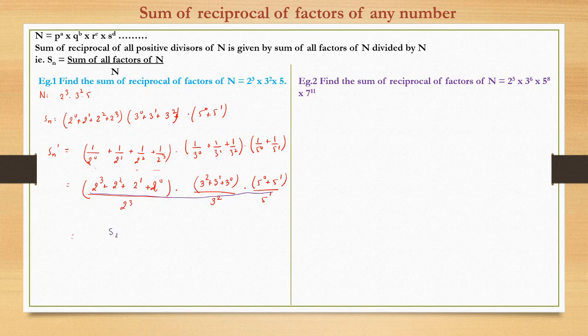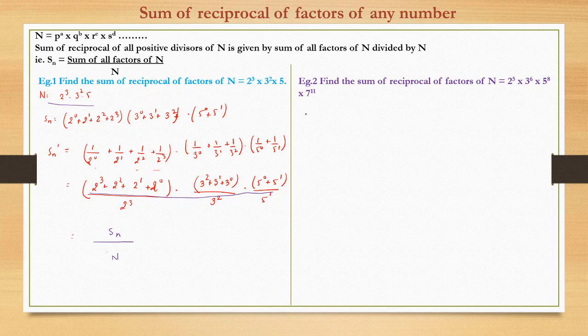So can we not write this as Sn upon 2 raised to power 3 into 3 raised to power 2 into 5 raised to power 1, which is nothing but n, right? This is n here. So hence it can be said that if the question is to find the sum of the reciprocals of the factors of any number, then that is nothing but the sum of the factors of the given number upon the number itself. This becomes the answer.